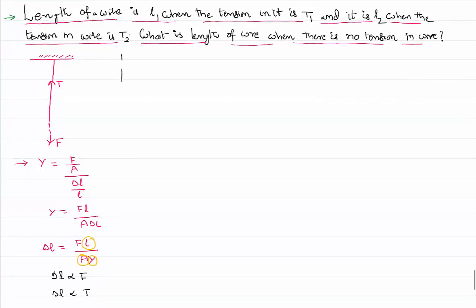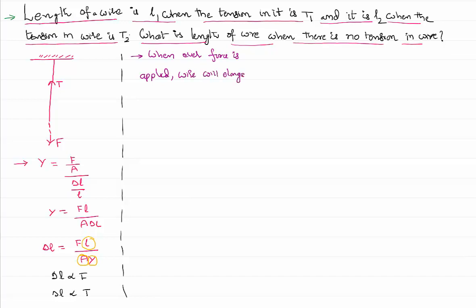Now coming to the problem, it was given that when the tension is T1, the length is L1. So it's very clear that whenever the tension or force is applied, the wire will have an extension, an elongation.